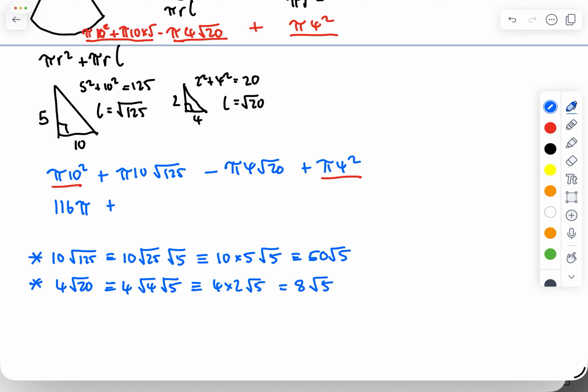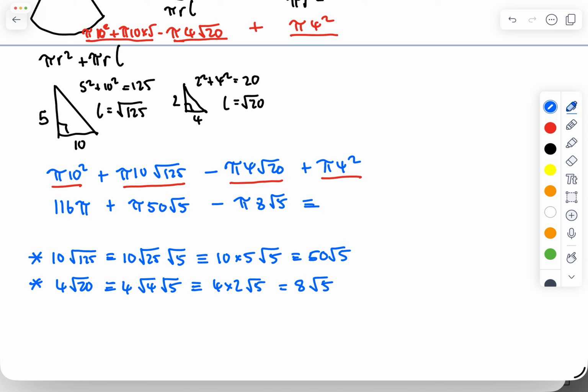Okay, so now I've got pi times 50 root 5, and I'm subtracting pi times 8 root 5.